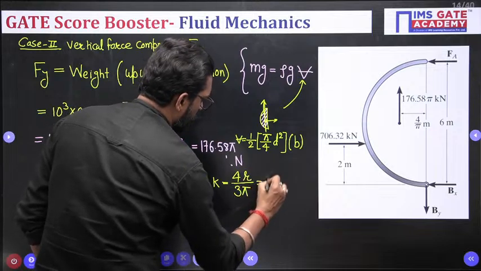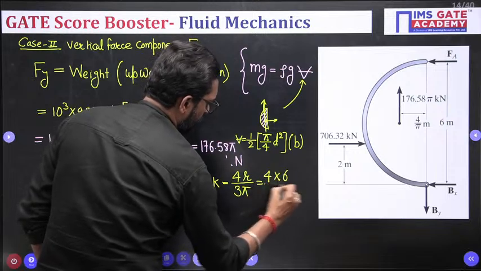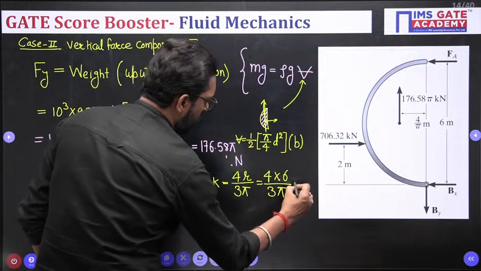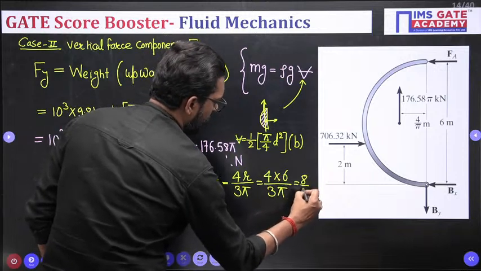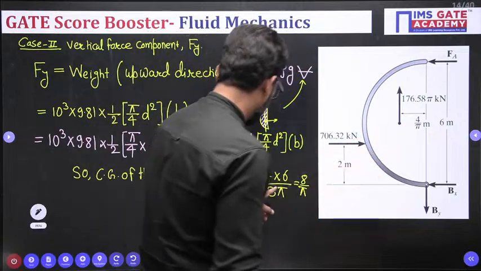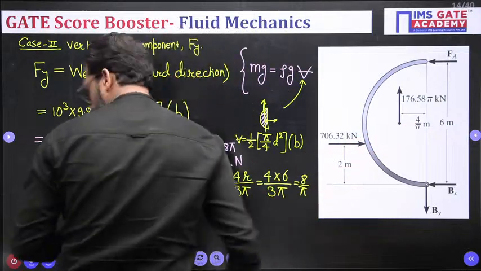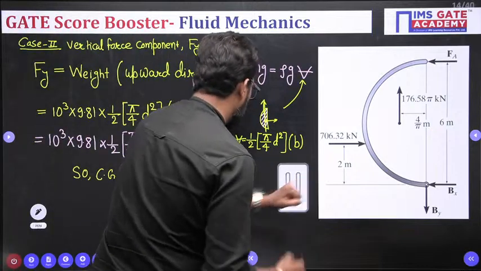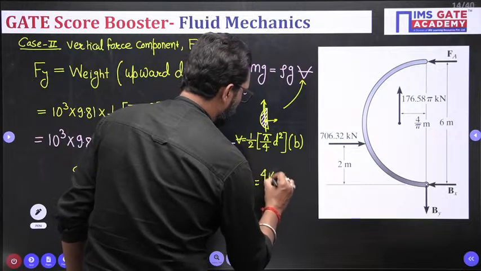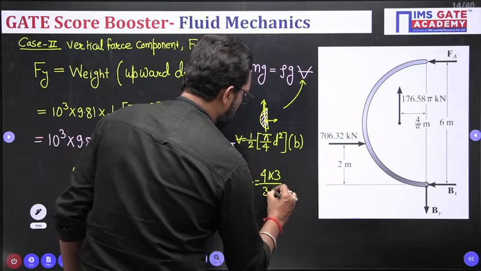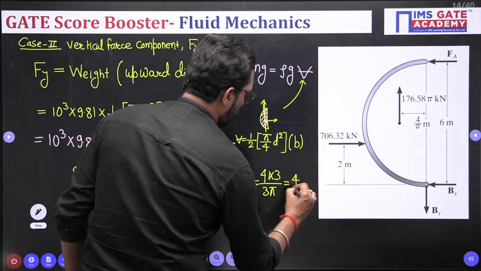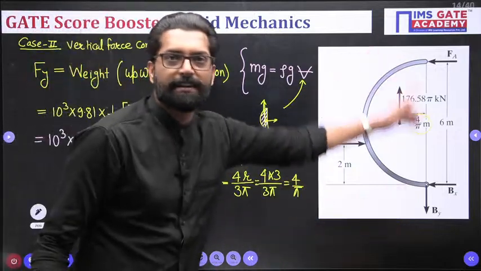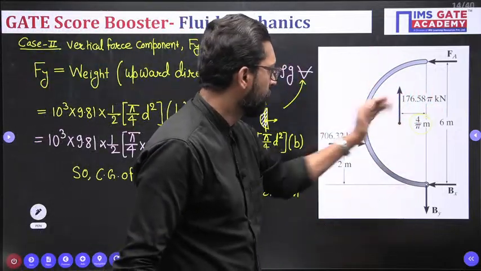Here r is equal to 3, not 6, so 4 into 3 by 3 pi. So it is 4 by pi, at which it passes from the base.